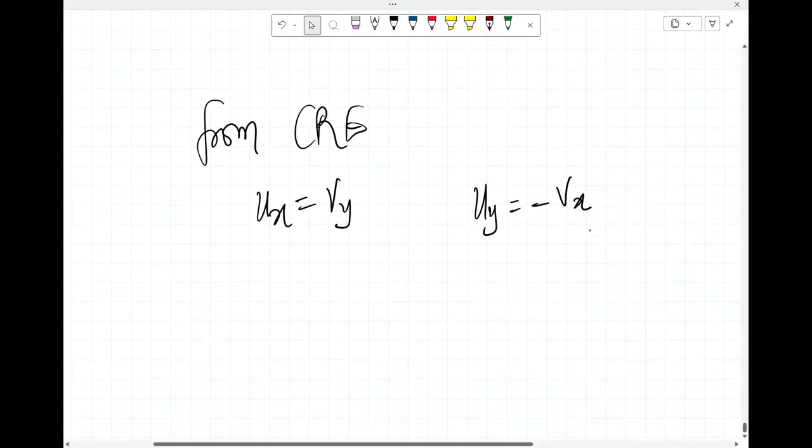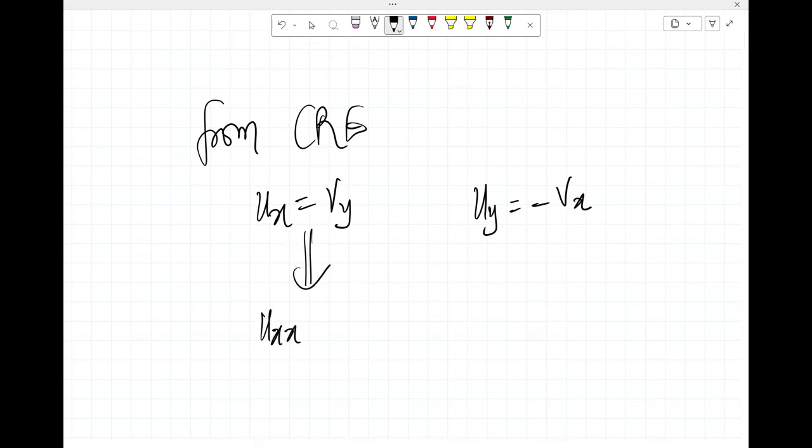So let's see what happens here. If we differentiate with respect to x here, this will be uxx, and that will be equal to vyx. And if we differentiate this one with respect to y, we have uyy equals minus vxy.